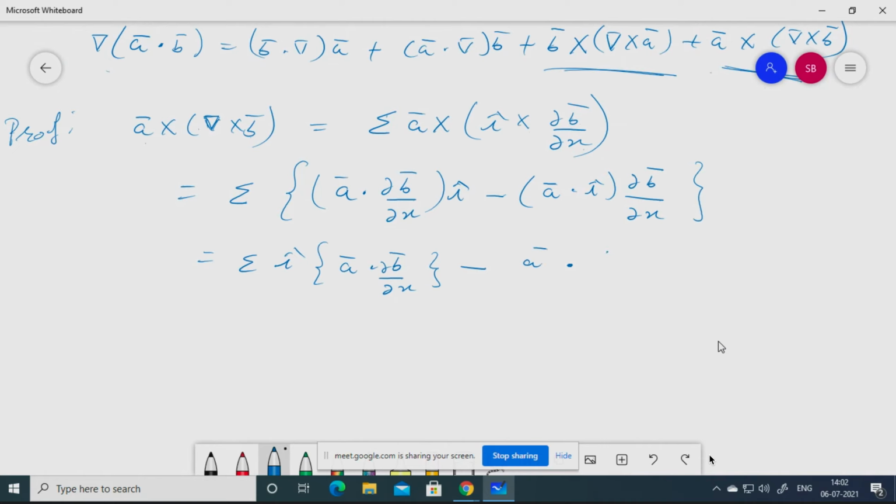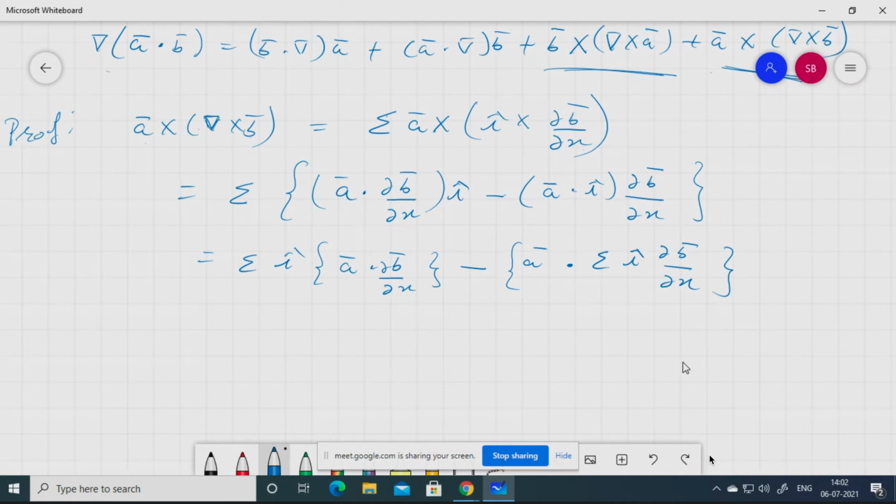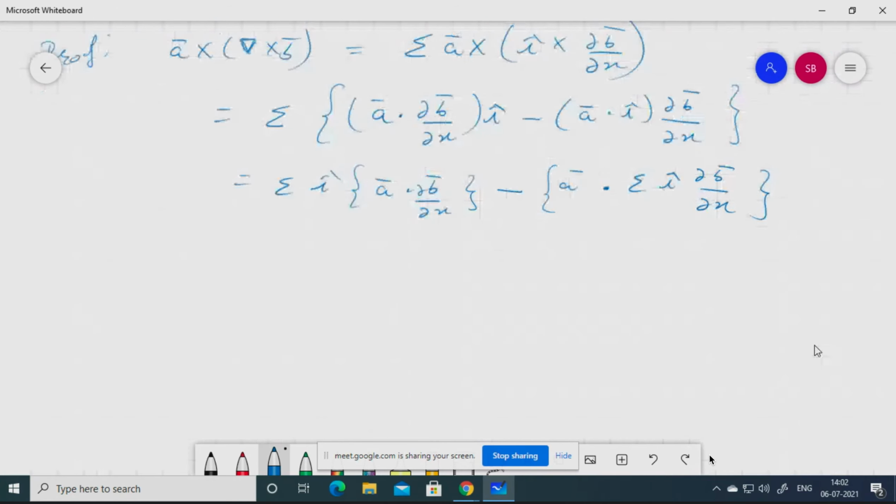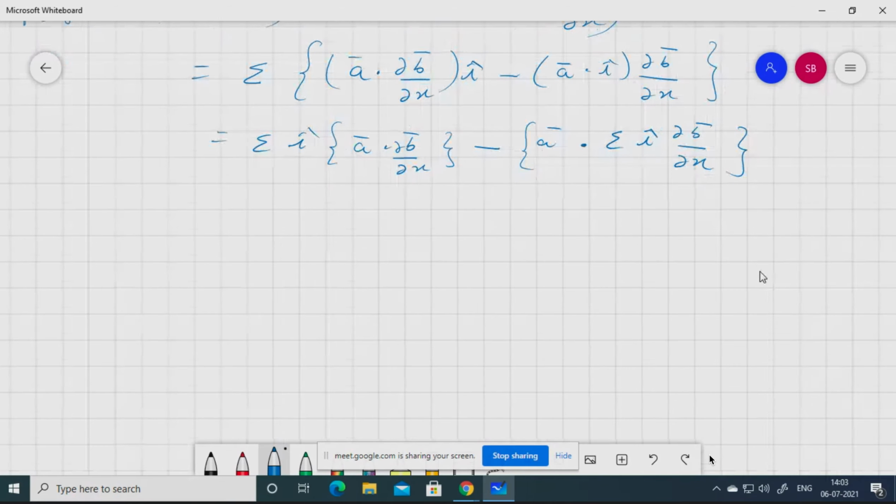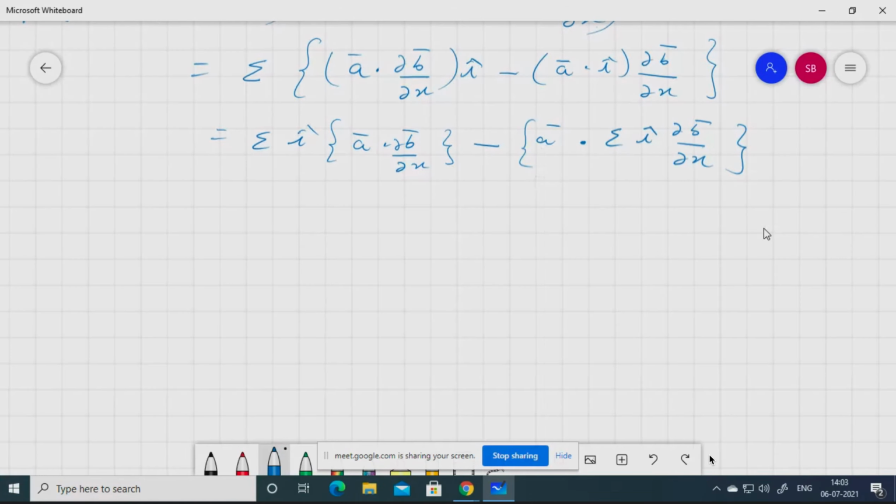This I can write as summation I dou B bar by dou X. Can I write it? Yes, ma'am. Will it be the same thing or not? It will be the same thing only, because anyhow with A bar I will have a dot product with I only, with J only, with K, which is multiplied with dou B bar by dou X, because that's again a vector. Will it be the same thing or not?